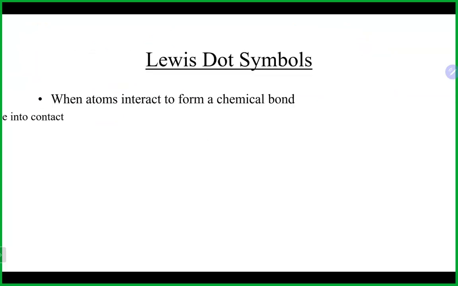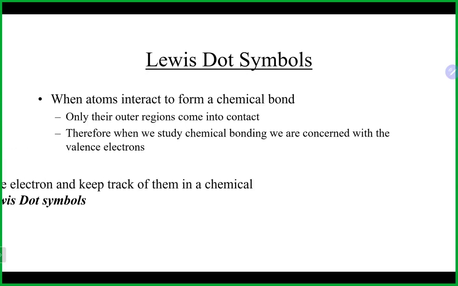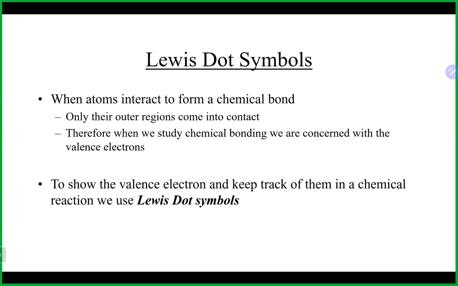To help us understand both ionic and covalent bonding, we sometimes use Lewis dot symbols. They are now usually called electron dot symbols, but some people still call them Lewis dot symbols. Within an atom there are two different types of electrons.